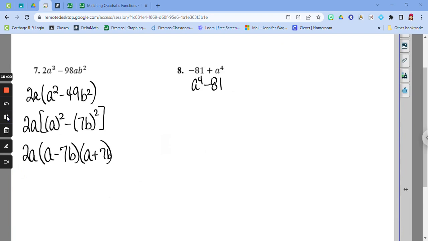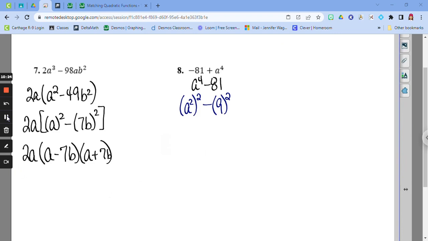Well, I know that 81 is 9 squared. And a to the 4th is a squared squared. There's our perfect square. 2 times 2, giving us the exponent of 4 from the beginning.